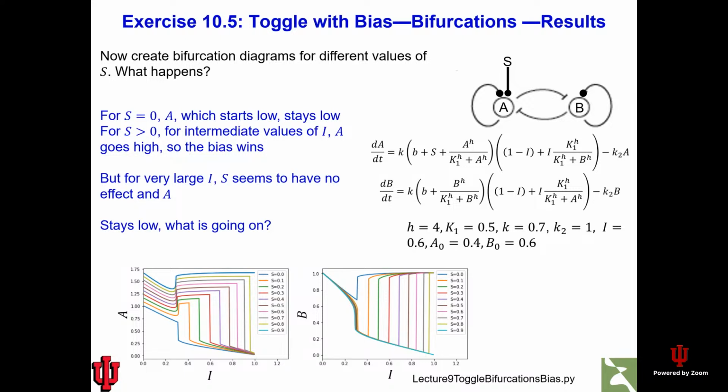And what should the value of B be? So in this case, I used an initial value of B of 0.6. But you can try changing that, seeing what you get. The letter B. Oh, little b. Let's see, what did I use?